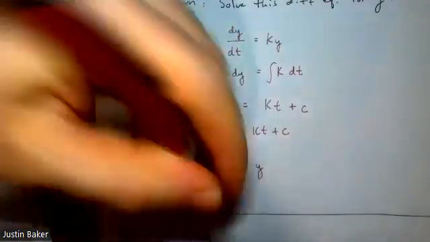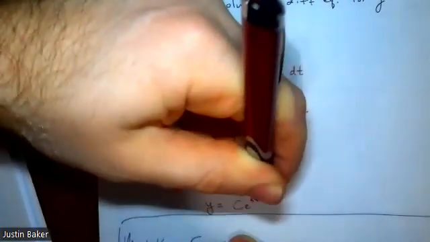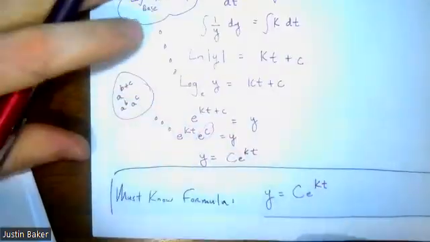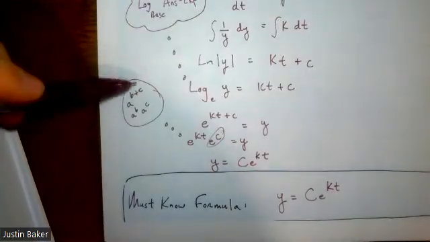So we can say that y is equal to, we're going to change that to just a constant, and that's going to be c e to the k t. Your must know formula is y is equal to c e to the k t. Now, you do not have to replicate what we just did.